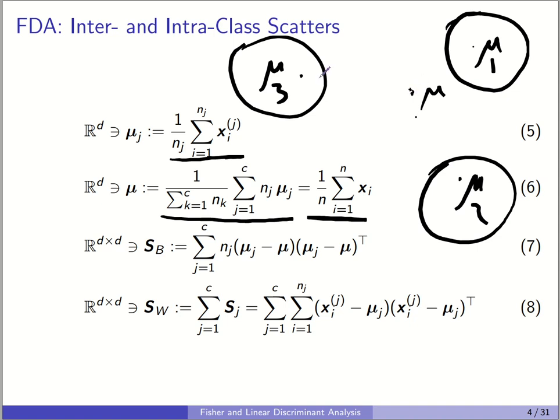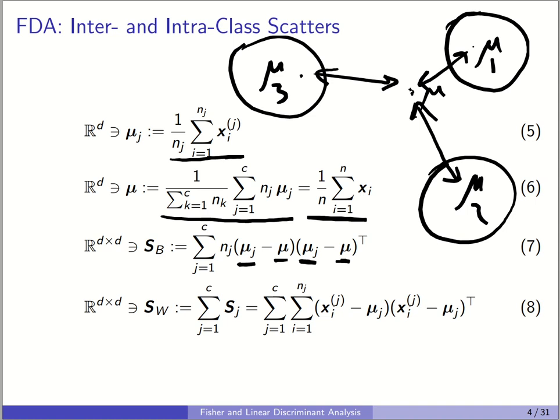So SB calculates how far the means of classes are from the total mean, or in other words, how far the classes are from each other. The farther the classes are from each other, the more SB we have.